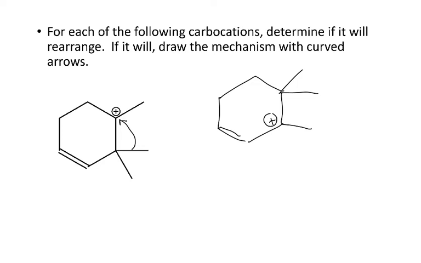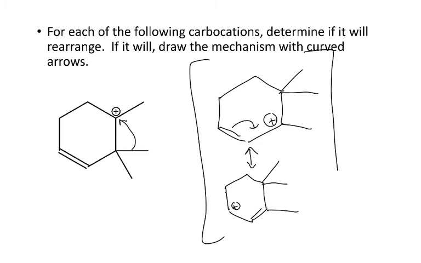Then this new carbocation has an alternate resonance structure, so I can spread that positive charge out among multiple carbon atoms, and so this carbocation shift will occur.